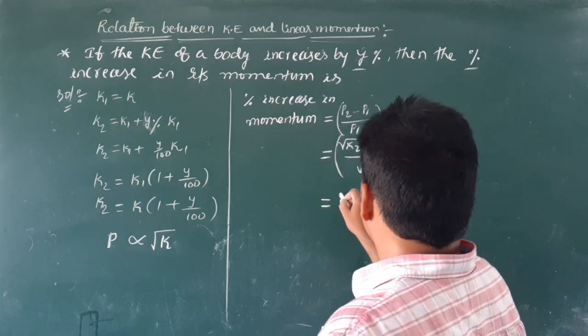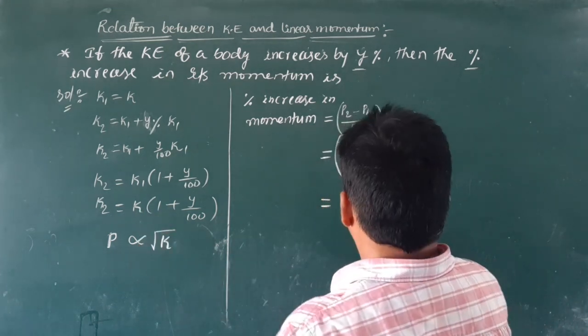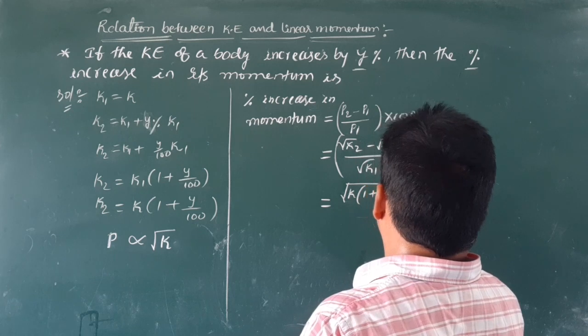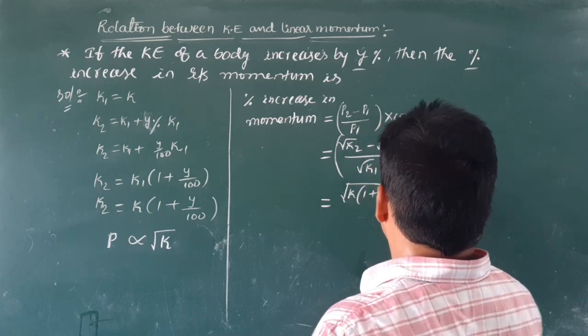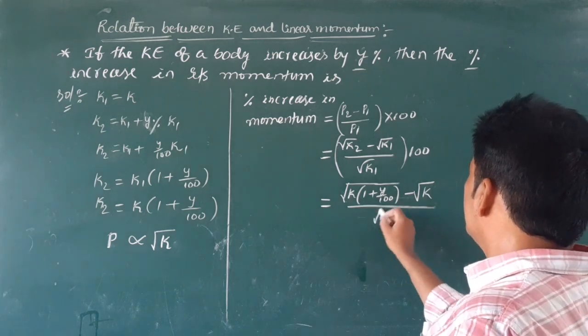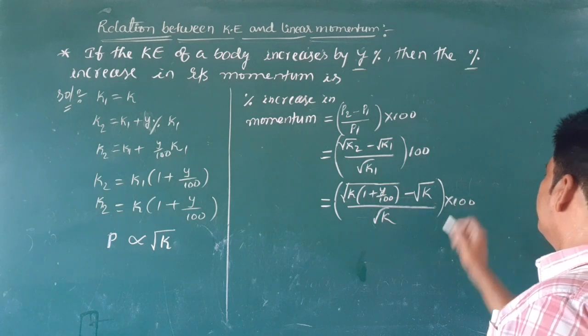Here root K2 can be written as root of K of (1 plus y by 100), minus root K, by root K, into 100.